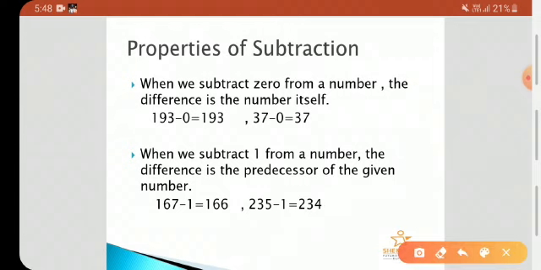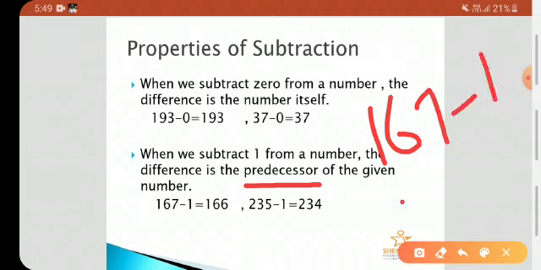Second one is when we subtract 1 from a number, the difference is the predecessor of the given number. Here the question arises, what is a predecessor?